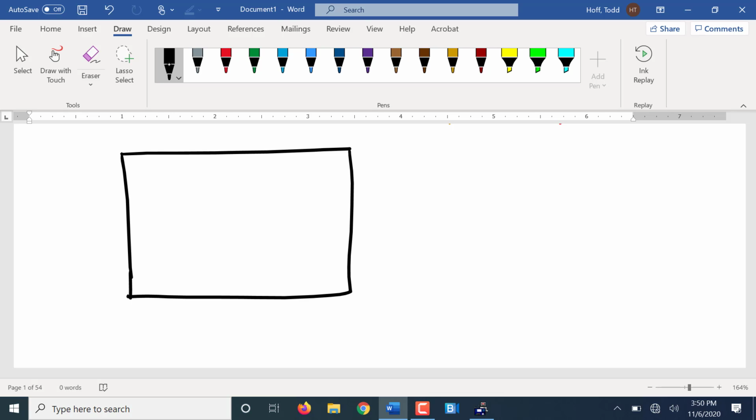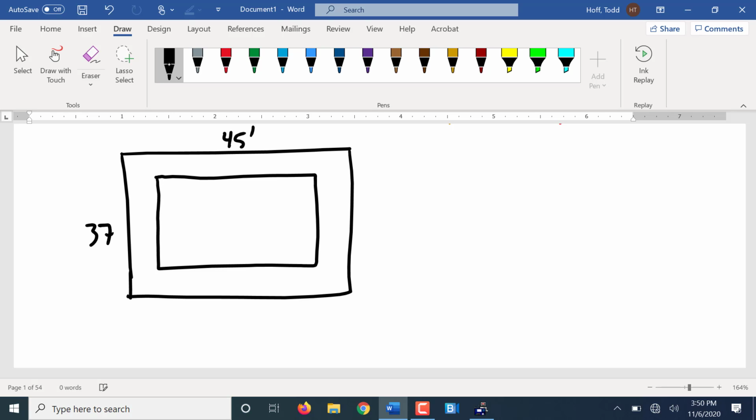So let's say we're looking at a footing for the wall of a house. And let's say the outside dimensions of the footing are 45 feet by 37 feet.